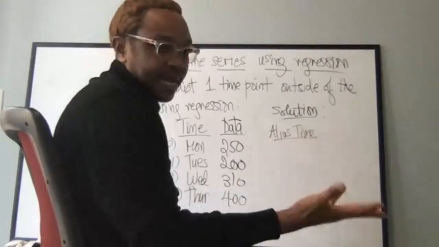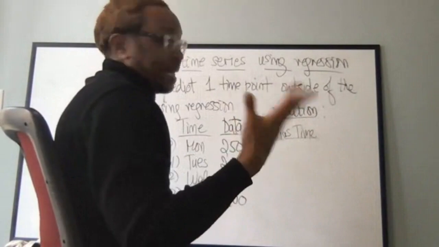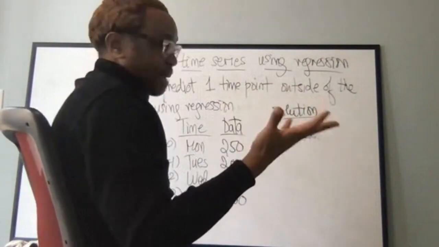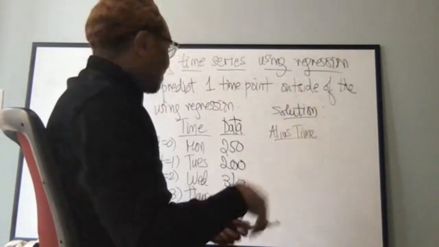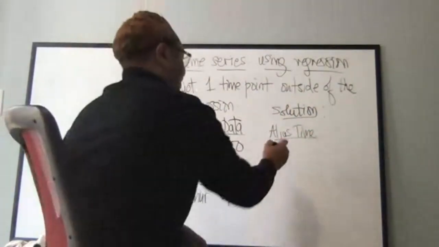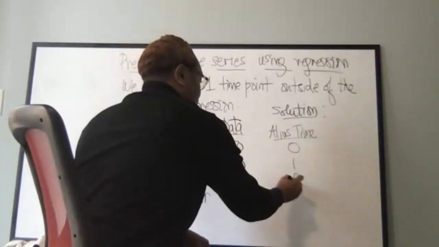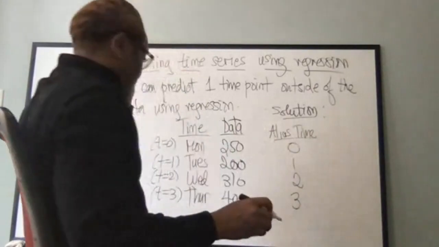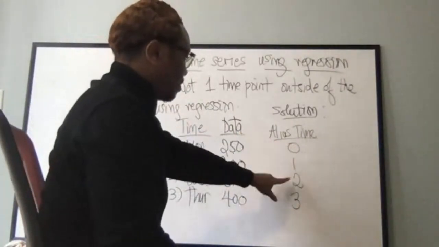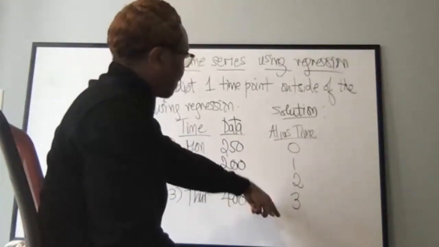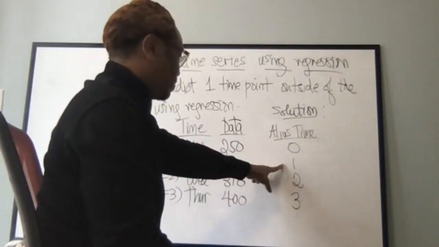Sometimes people have an alias name, which is not their name, like a pen name, or sometimes writers write under a different name. So I'm just going to say this: 0, 1, 2, 3. Again, this is just another way of saying Monday, Tuesday, Wednesday, Thursday. See, time equals 0, that's Monday. Time equals 1, that's Tuesday.